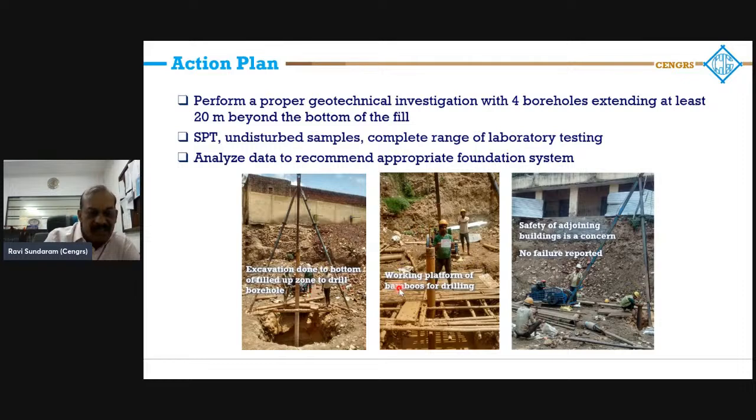This was the condition. You excavated to the bottom of the loose zone, and then a working platform was made, and the boreholes were drilled. Safety of this adjoining school building, particularly, was a matter of concern, but no failure had been reported.